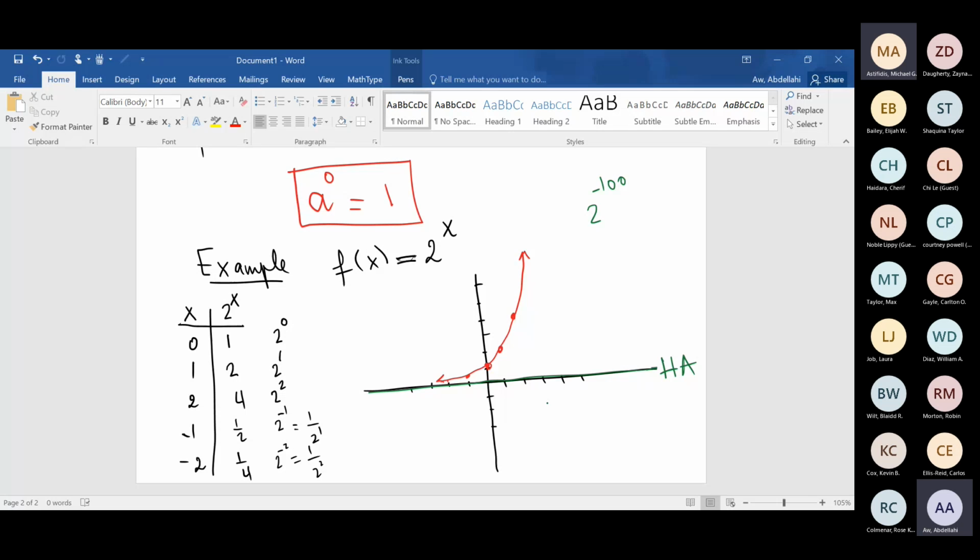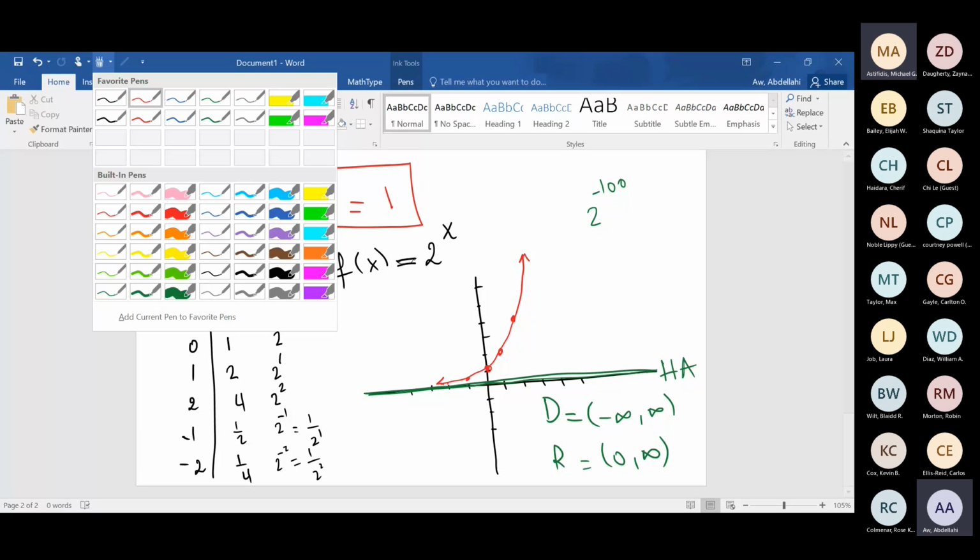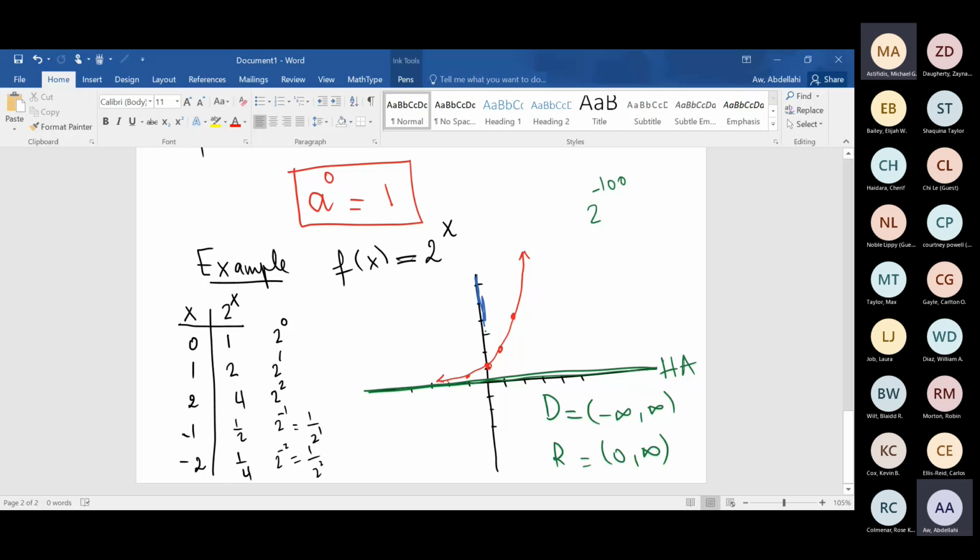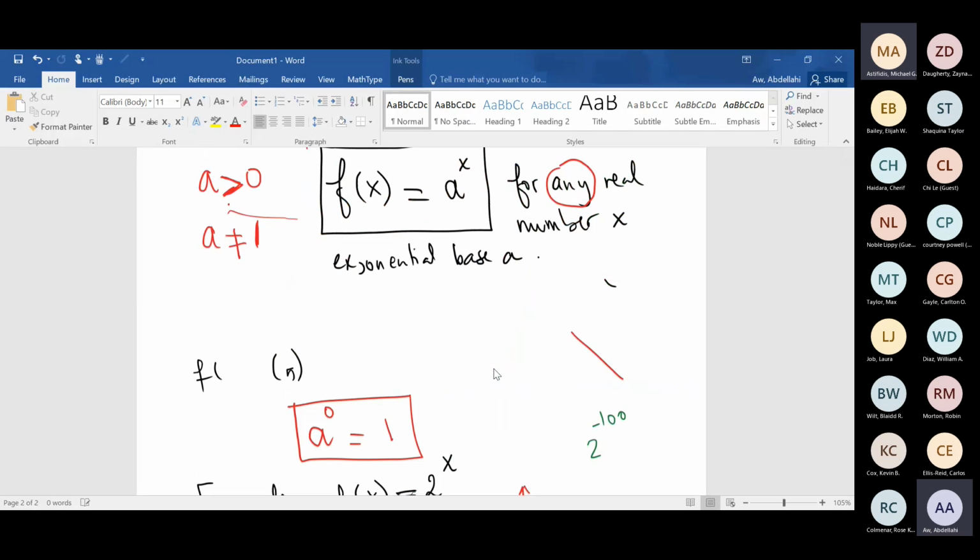So the domain is negative infinity to infinity, and the range is 0 to infinity. The domain is the whole x-axis, and the range is only the positive part of the y-axis. That is for exponential base 2.